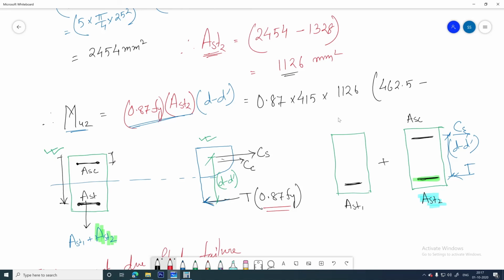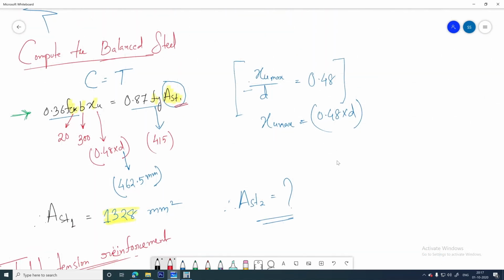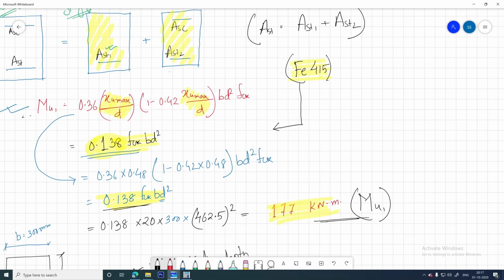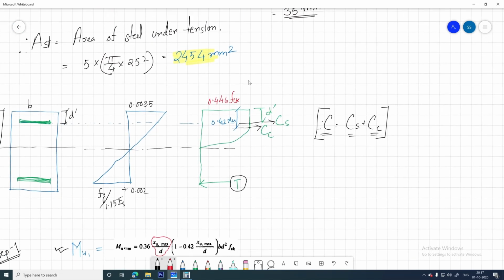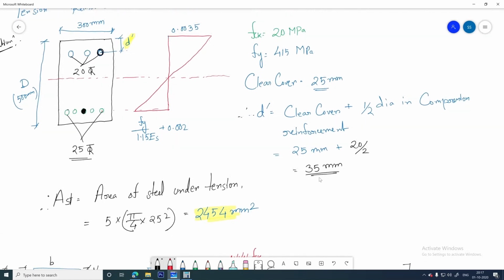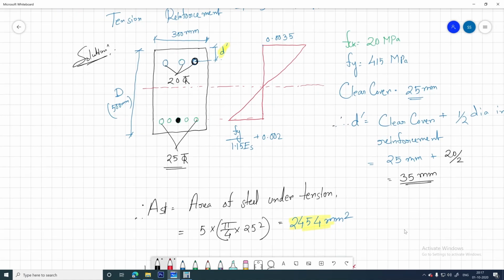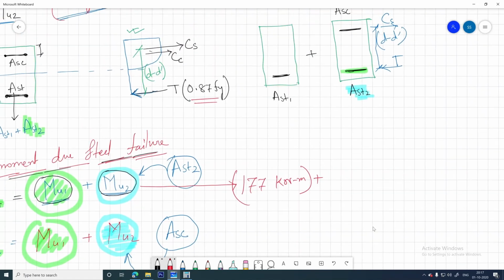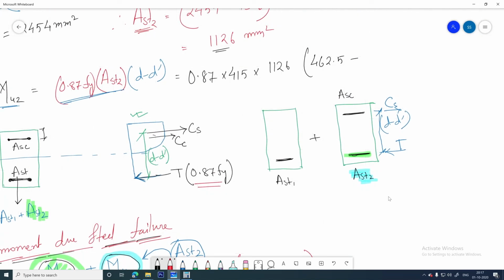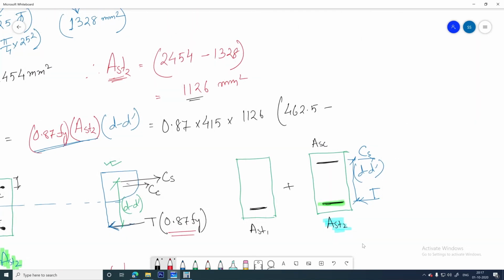I think that one is also calculated initially. Let us see. Yes, d dash is 35 mm. Okay, I have already shown. So it is 35.